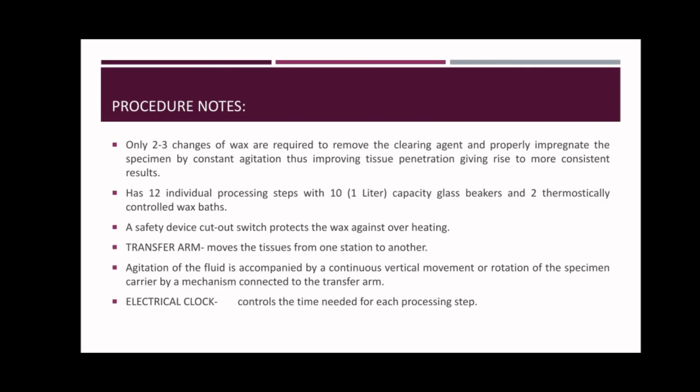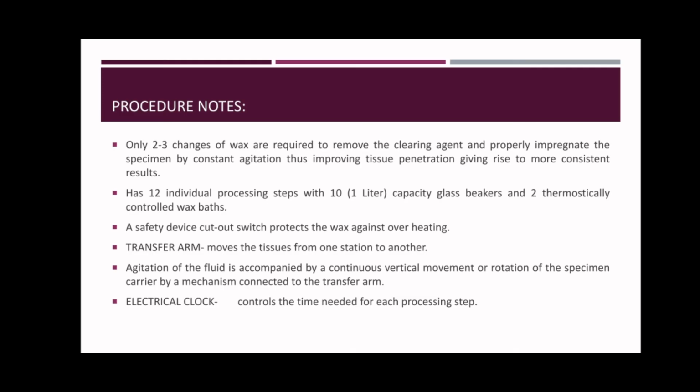It only needs 2 to 3 changes of wax for infiltration that is required to remove the clearing agent and properly impregnate the specimen by constant agitation, thus improving tissue penetration, giving rise to more consistent results.